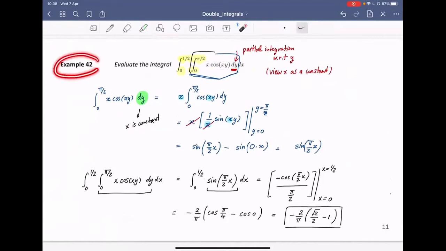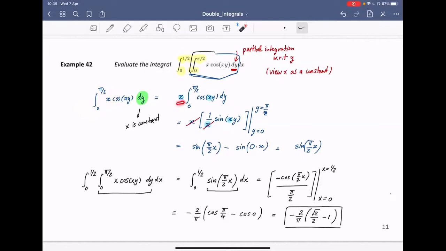So example 42. Here, the question asks you to integrate dy first. You see that? That means when I integrate with respect to y, I treat x as a constant. So I pull my x outside the integration first, because x is just a constant. I don't care.